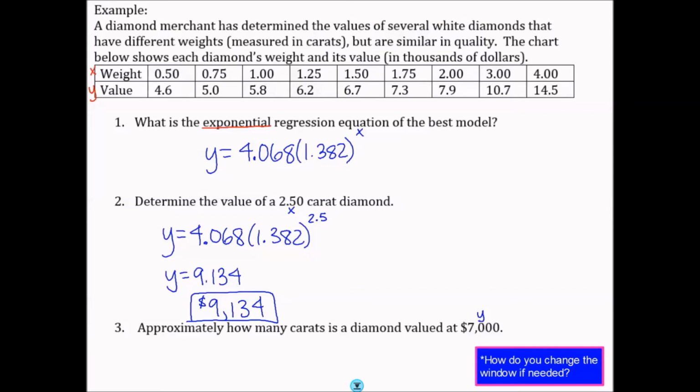So we're not going to plug 7,000 in for y. We're just going to plug 7 in for y. And then we need to solve for x. Well, we didn't really learn how to solve exponential functions yet, but we can use the calculator to help us figure this out.